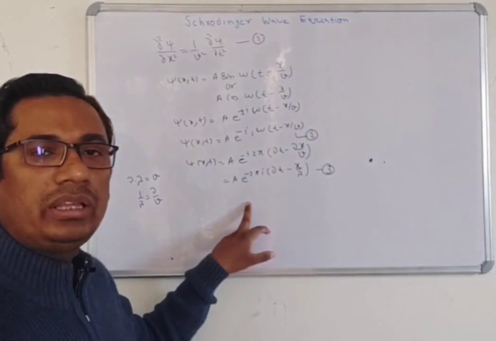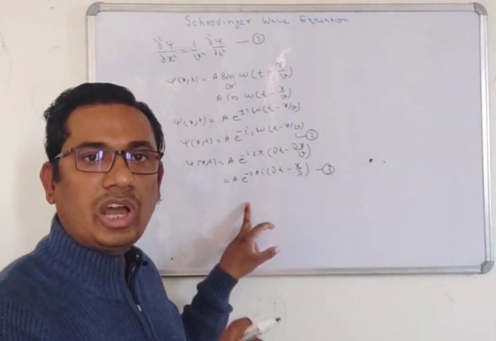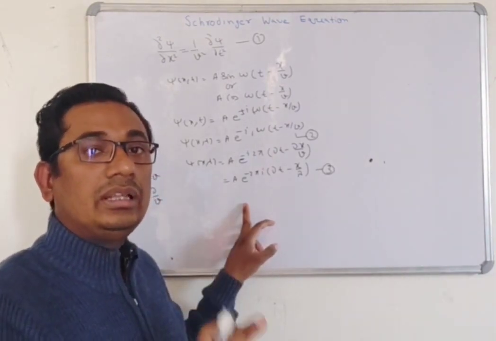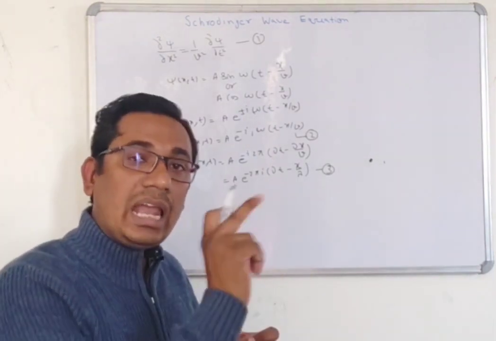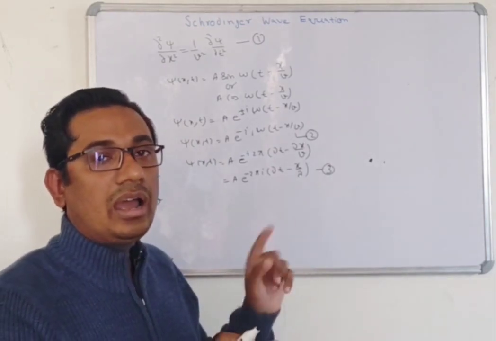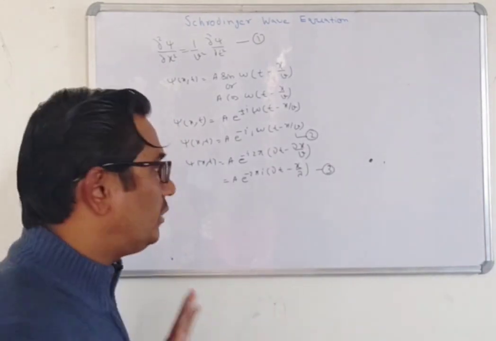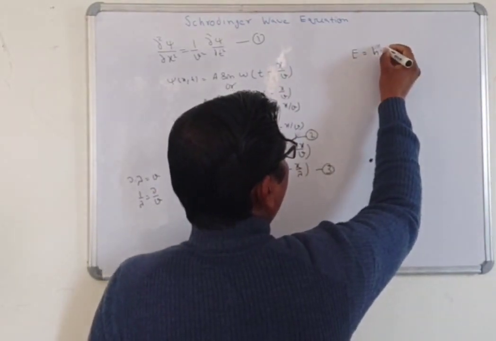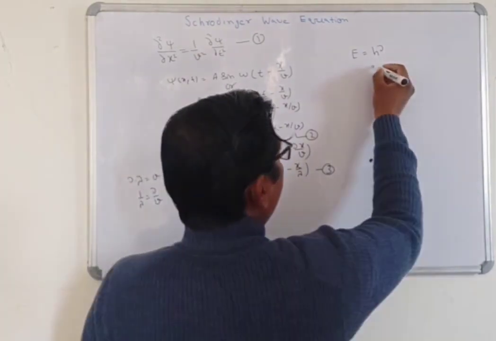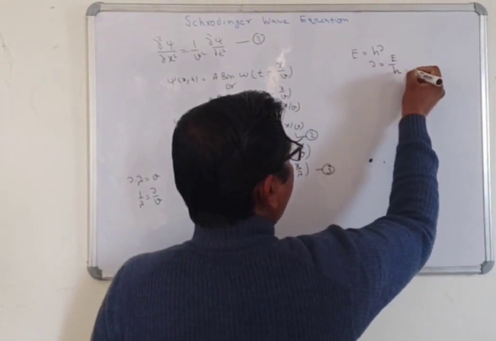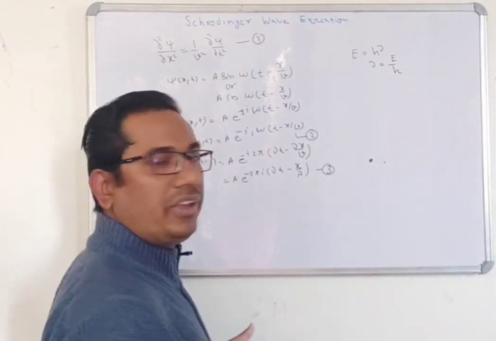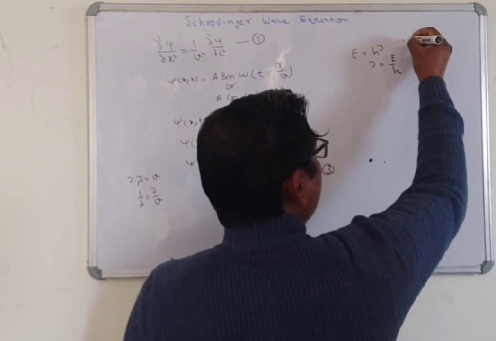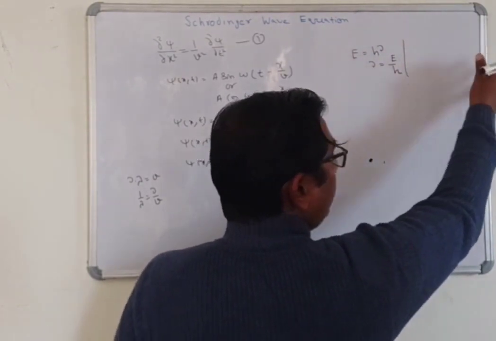Now equation 3 is also a wave function of a wave. As per the suggestion of Schrodinger, the energy and wavelength can be represented by the Planck constant and the de Broglie wavelength respectively. The energy is h into nu, so nu can be written as E by h, where h is the Planck constant and E is the energy of the wave associated with a particle.